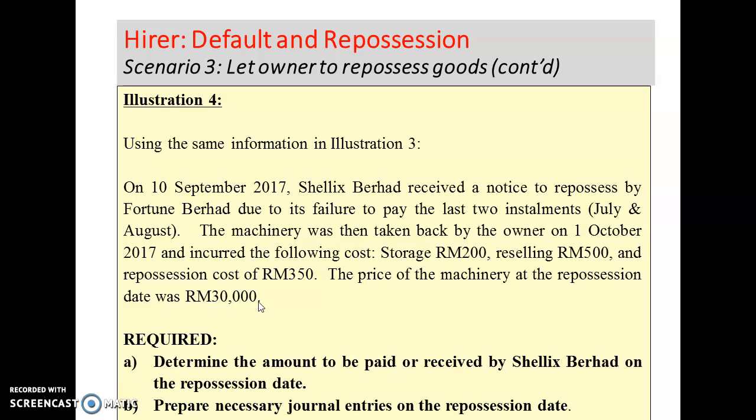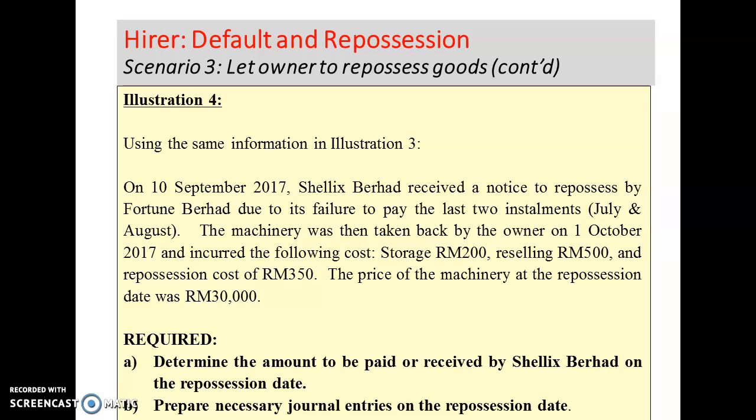So we're going to determine the amount to be paid or received, because we don't know yet whether the hirer needs to pay for the assets or will receive the assets. It depends on the comparison between the price here, plus or minus all the storage and reselling costs, minus the amount that has been paid so far.